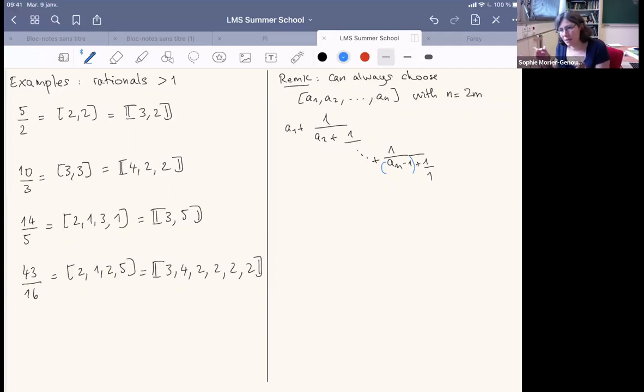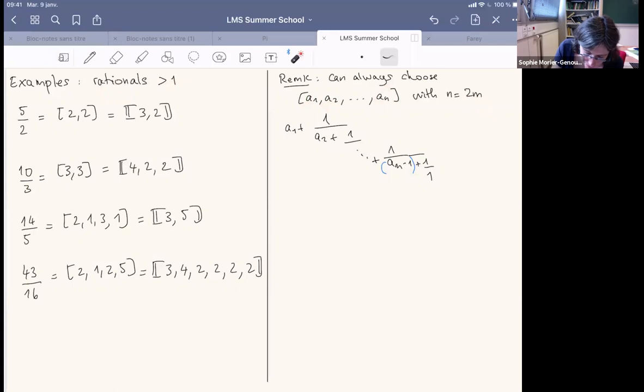So I increase the length of the sequence of A by 1. Or conversely, if the last number is a 1, I can always add it to the previous coefficient and shorten the sequence. So I will always assume, talking about rationals greater than 1, that for the regular expansion I choose the one with an even number of terms.